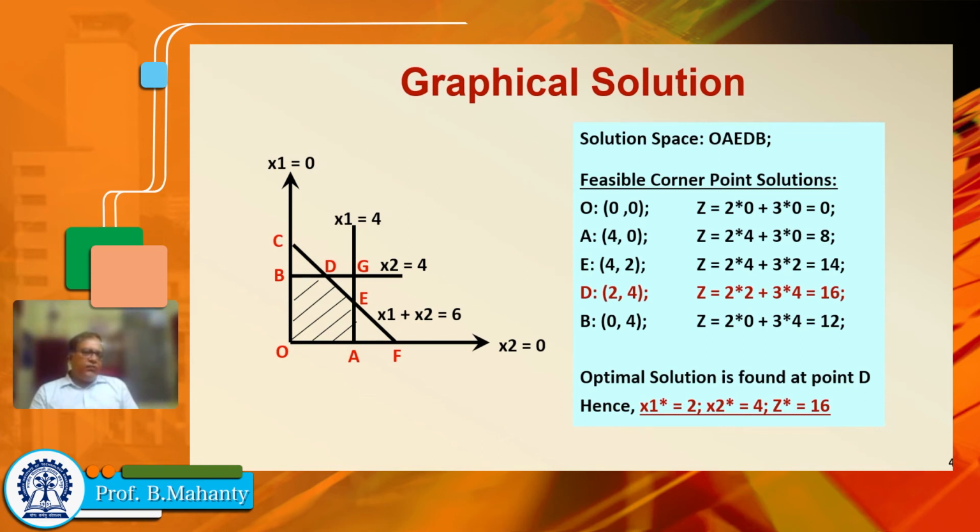We started with the first table representing the origin, which is x1 equal to 0 and x2 equal to 0. The second table represented the point B, where we had x1 equal to 0 and x2 equal to 4. And from B we have come to point D, and we now find x1 equal to 2 and x2 equal to 4 and z equal to 16.